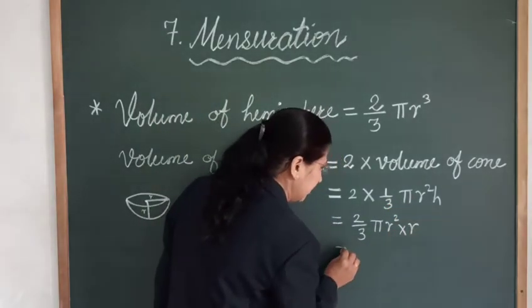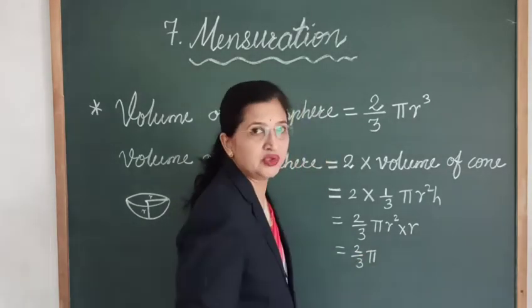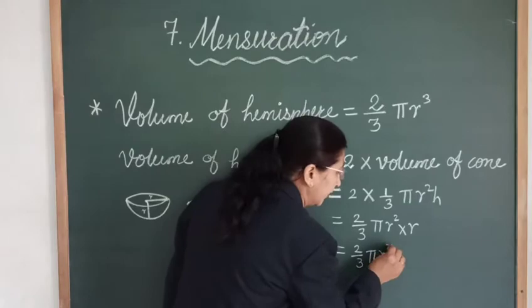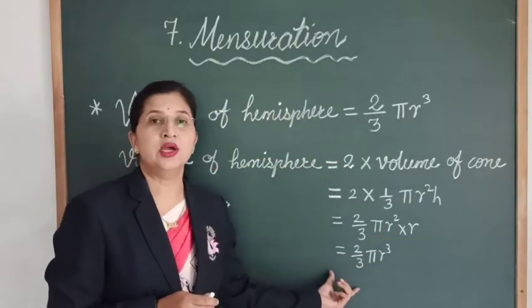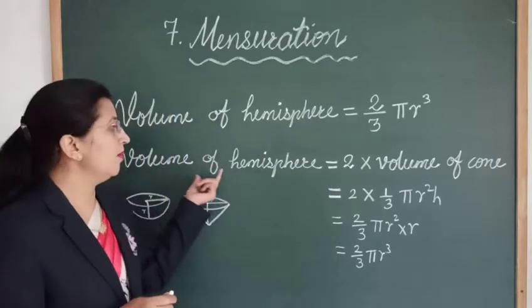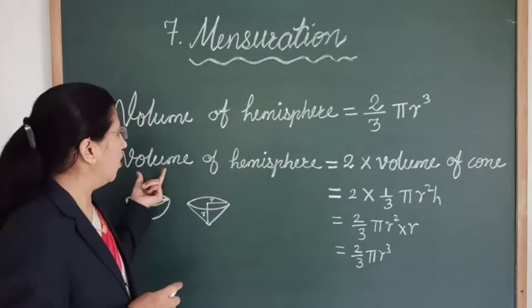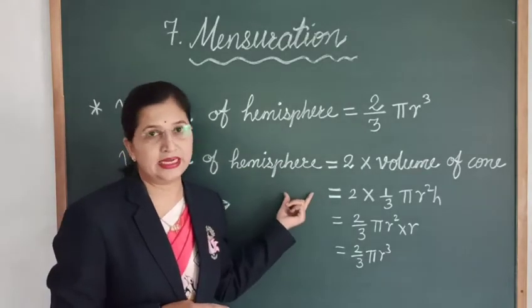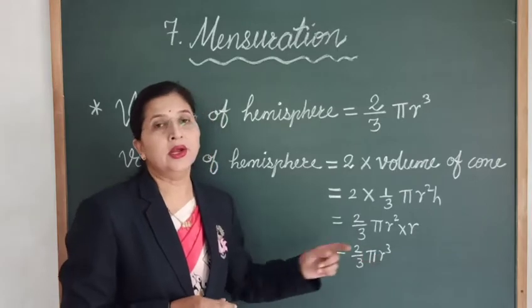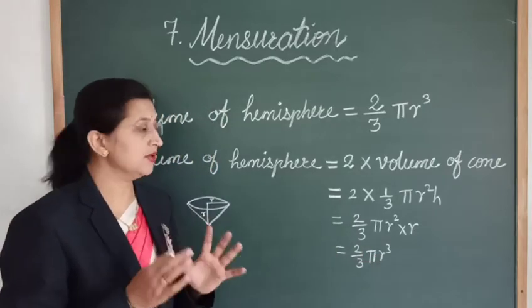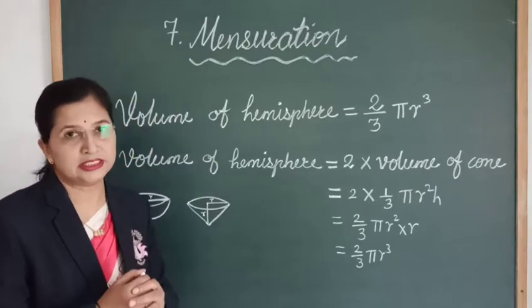So 2 upon 3 pi r square into r, that is r cube. This is the formula to find the volume of the hemisphere: volume of hemisphere is equal to 2 upon 3 pi r cube. Now by using this formula, let's find the volume of a sphere.